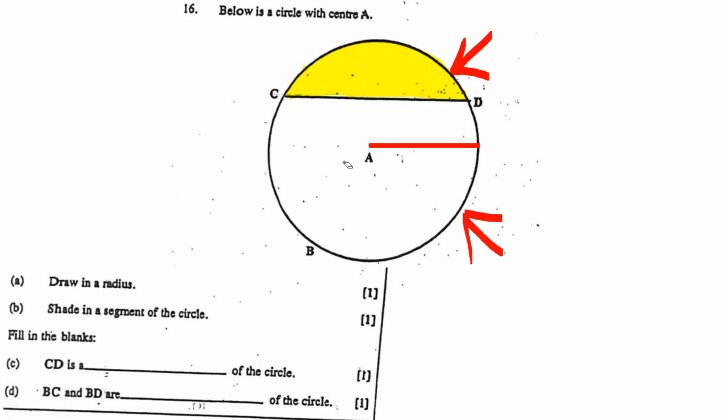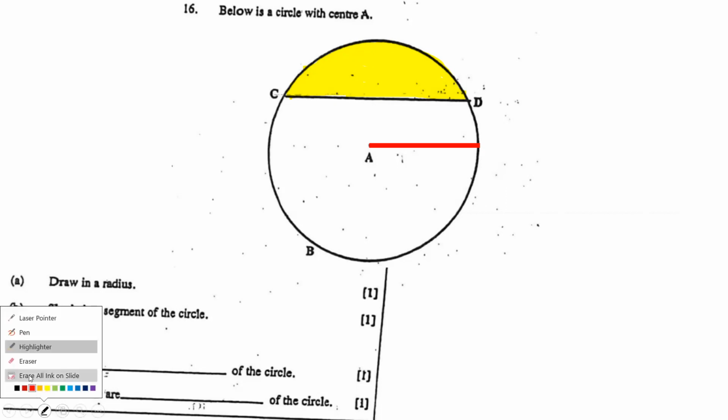All right, let's move on. The question says, fill in the blanks. CD is a blank of the circle. Definitely CD is a chord. Okay. CD is a chord of the circle.